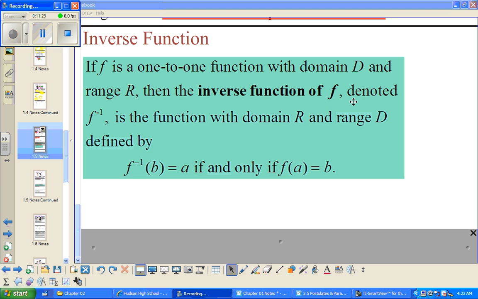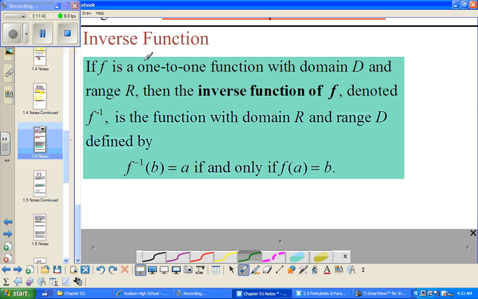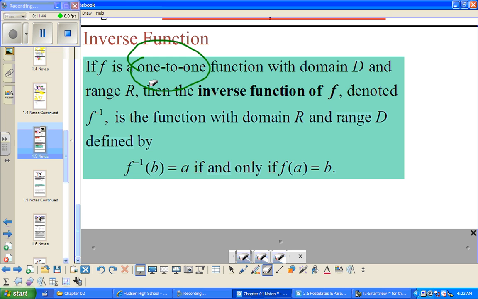Now, when we're talking about an inverse function, here's kind of the rule. If the function f, or f of x, is a one-to-one function, so that's a new term. I believe that's a new term to you. If it's one-to-one, and it has domain D and range R, then its inverse function, we denote with an exponent of -1, f inverse.